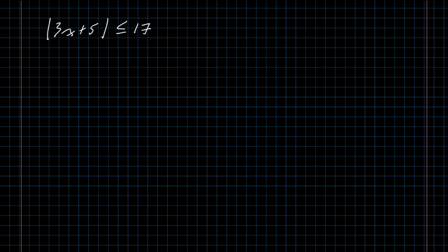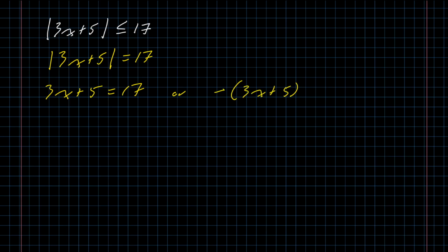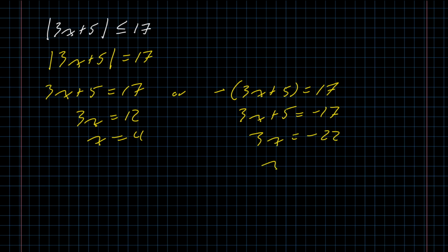You can think about the related equality, absolute value of 3x plus 5 equals 17, which means that either 3x plus 5 equals 17 or the opposite of 3x plus 5 equals 17. Those are both fairly straightforward to solve. And I get that x is either 4 or negative 22 over 3.